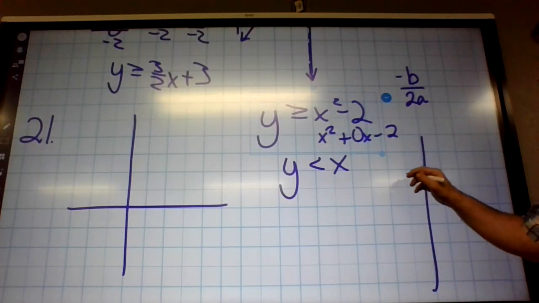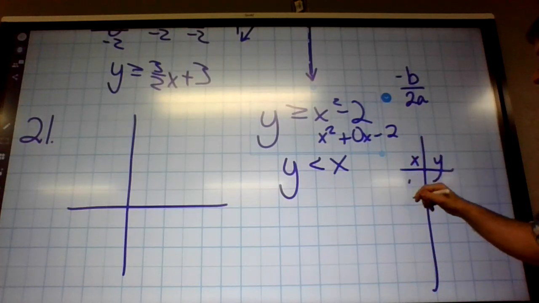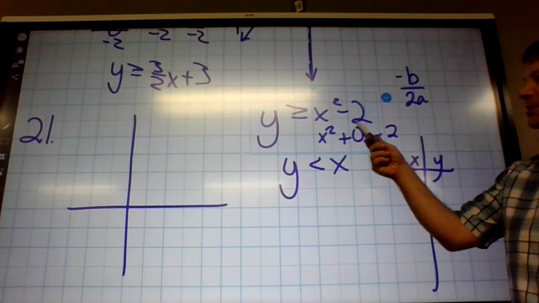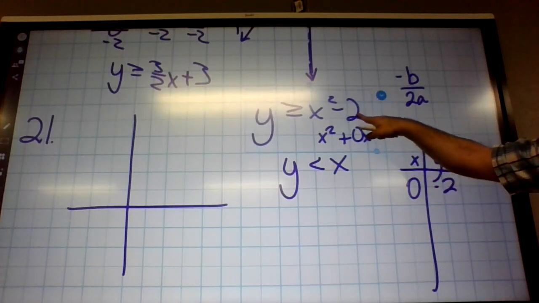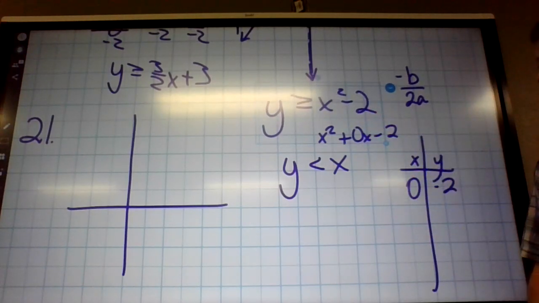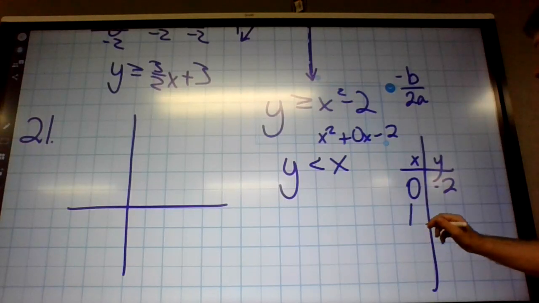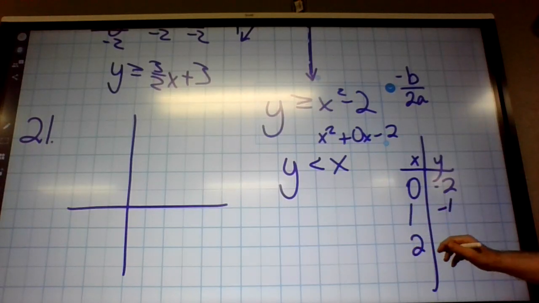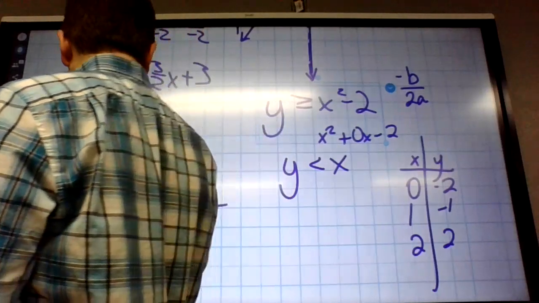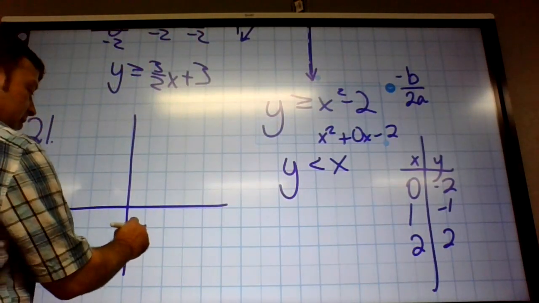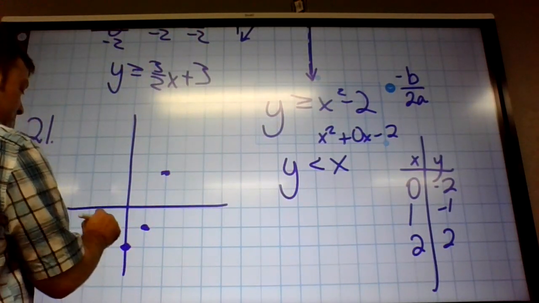So that means the vertex is going to be at 0. Actually, it's going to be at (0, -2), because that's what this minus 2 does. It just moves the graph down 2. And if we plug in 1 and 2, we get those numbers. Anyway, that's how we graph it.